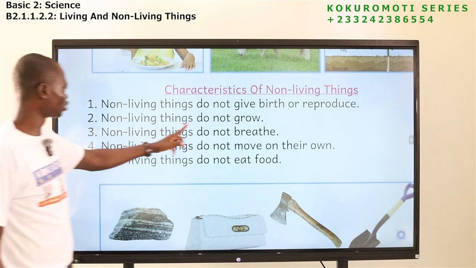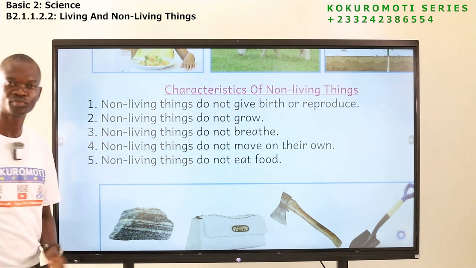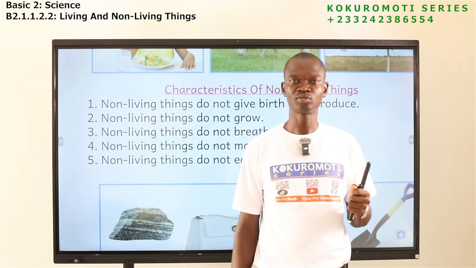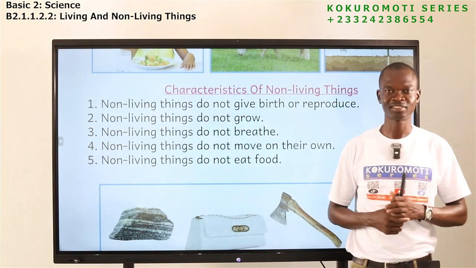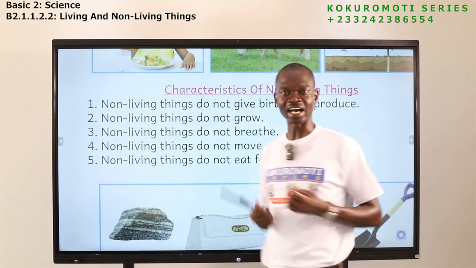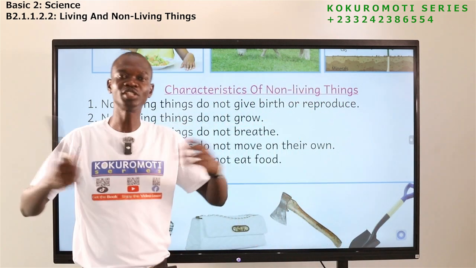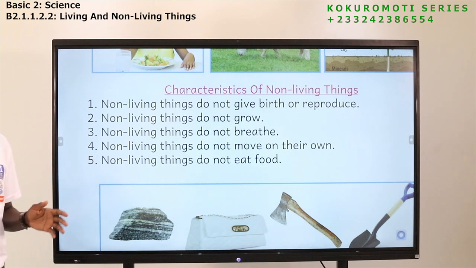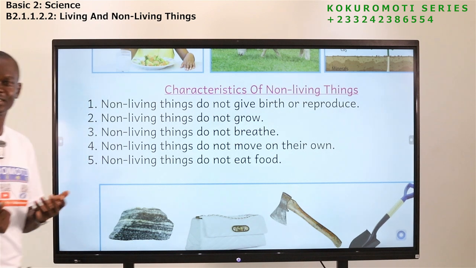Number 2, non-living things do not grow. So look at your bag. Look at your eraser, your pen. Do you see any growth in them? Do they grow? They don't grow. But you can tell that you are growing.